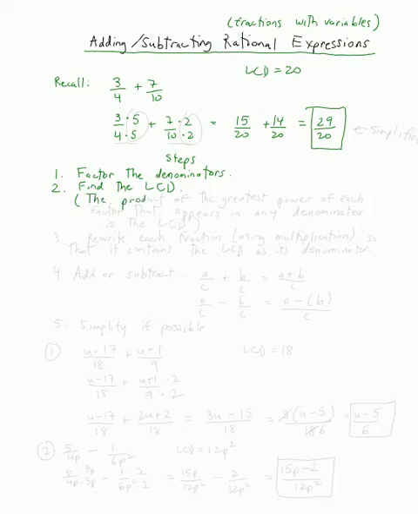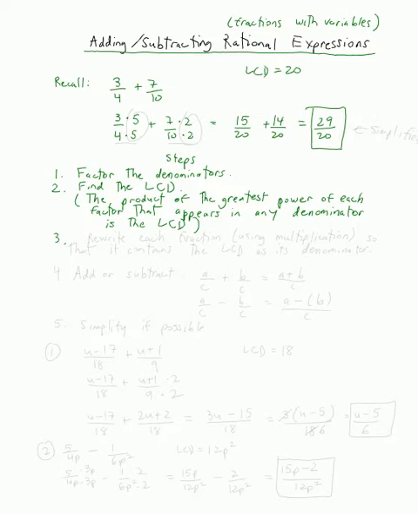The product of the greatest power of each factor that appears in any denominator is the LCD. Let's read that again. The product of the greatest power of each factor that appears in any denominator is the LCD.